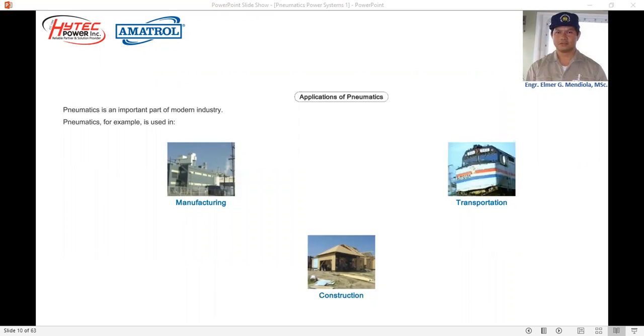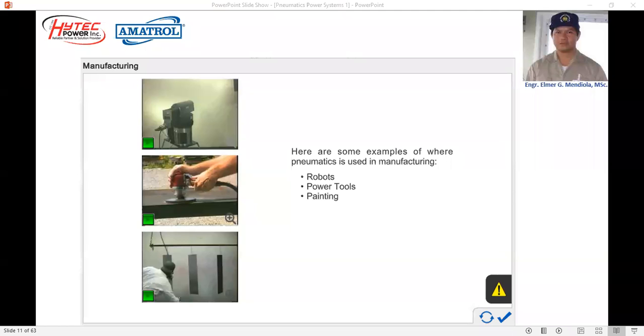Here are some of the applications of pneumatics as part of the modern industry. It is utilized in the manufacturing, construction, and transportation sectors, to name a few. In the manufacturing sector, it can be used for robots, power tools, or painting.